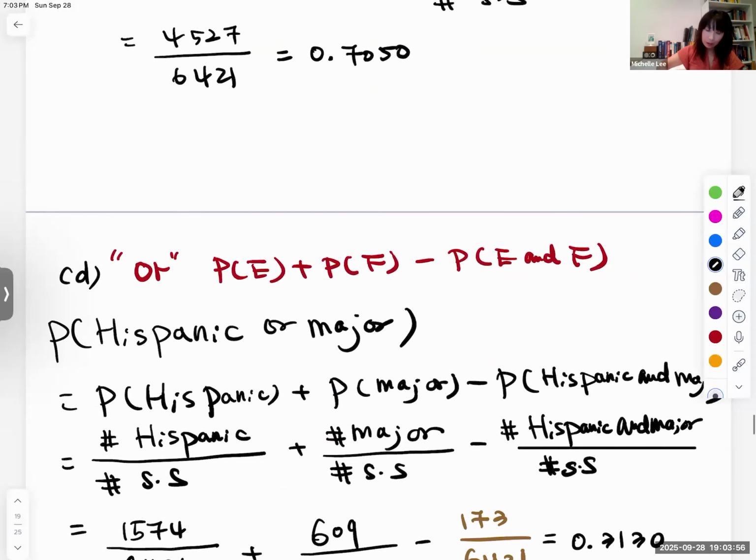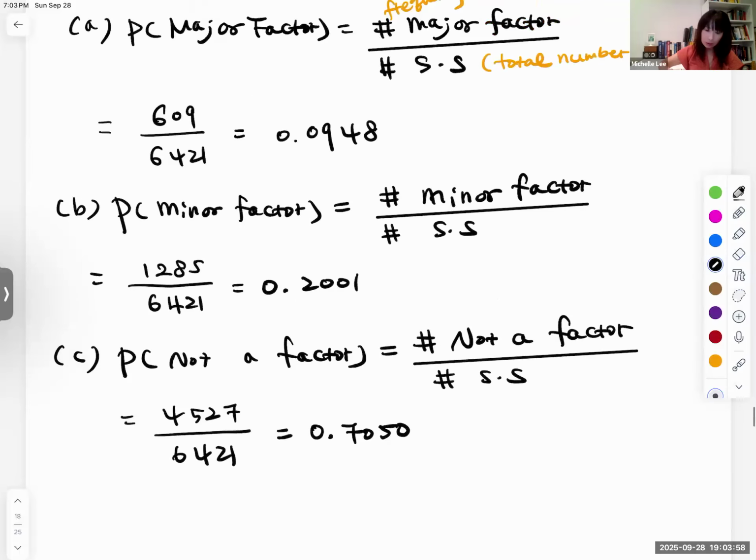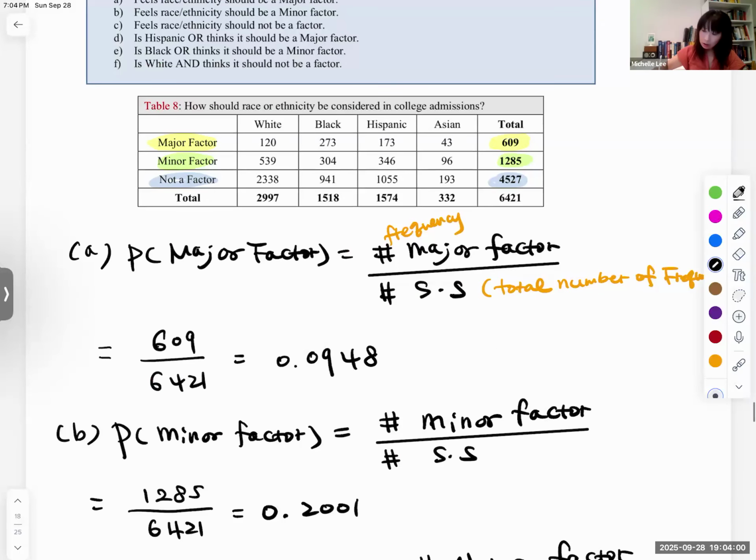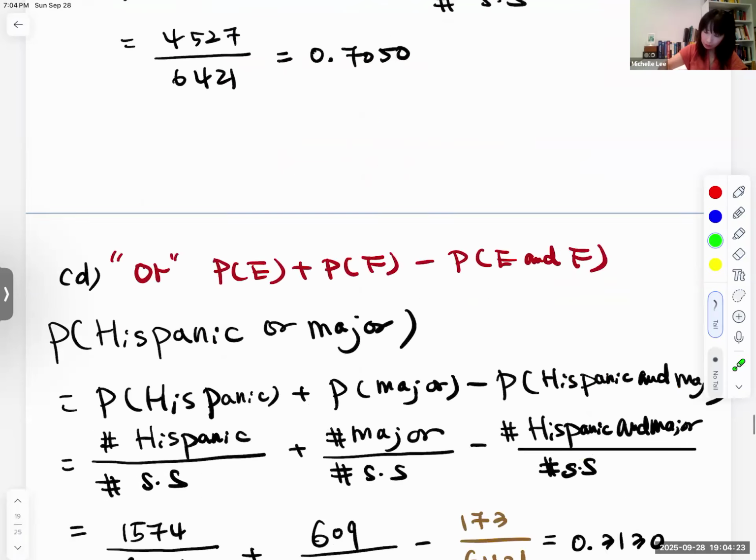All right, so last one. So last one we have the and part. And means we are using just overlap. So outcome is in there, also there, right? So in that case, the number is there and also there, right? So overlapping parts, so white and not a factor. Okay, let me write down.